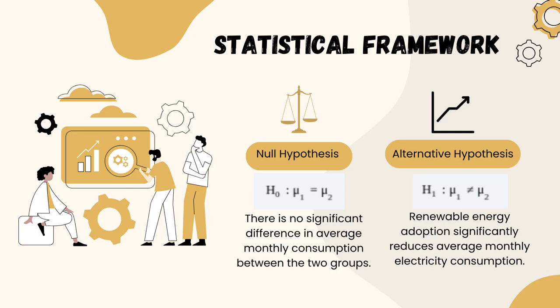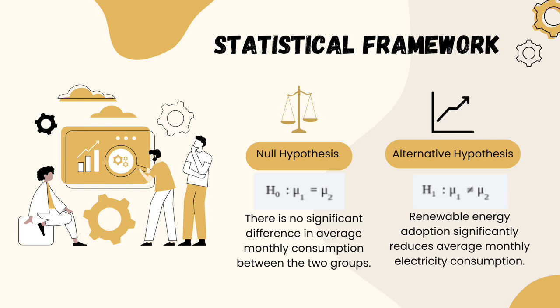Before diving into the data, we must establish our statistical framework. As seen in our analysis requirement, we have formulated two hypotheses. Number one is the null hypothesis, or H0: there is no significant difference in the average monthly electricity consumption between renewable and non-renewable energy sources.